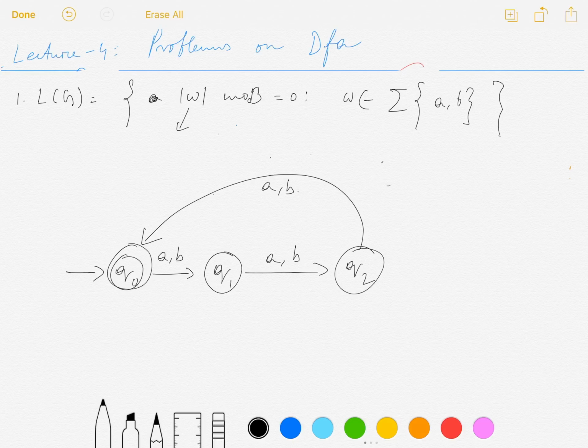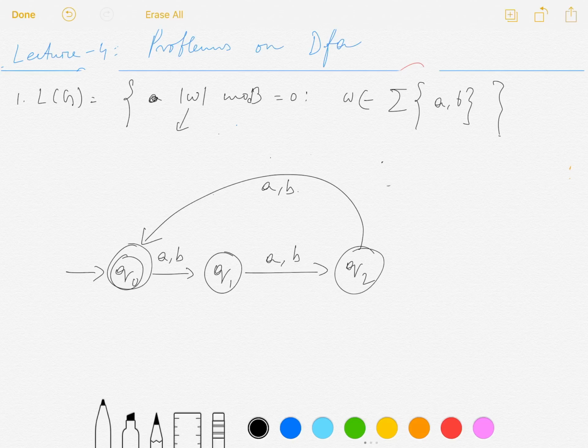I am summarizing the problem. At Q0, the consumed alphabet is 0. At Q1, the length of the string is 1, which is not satisfying, and when it reaches Q2, the length of the string is 2, which is not satisfying. Again, at Q2, when it accepts a single symbol, either A or B, the length of the string will be 3, and it is accepted, and it reaches the final state.